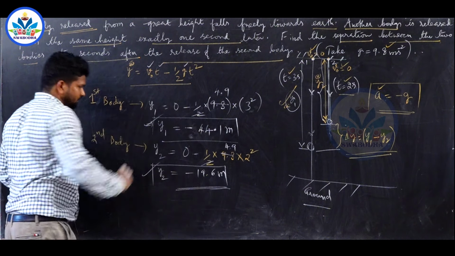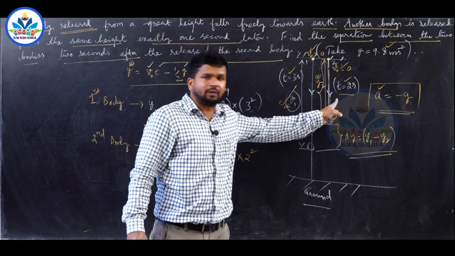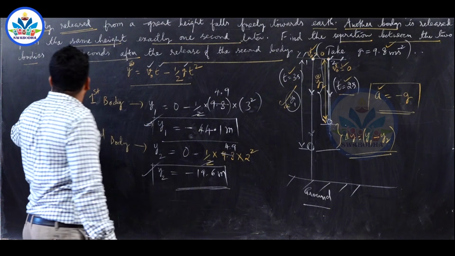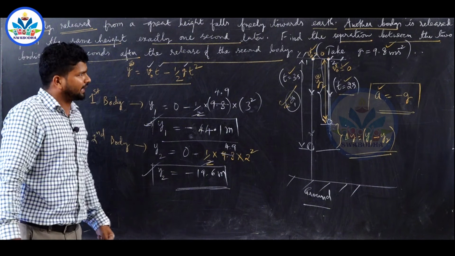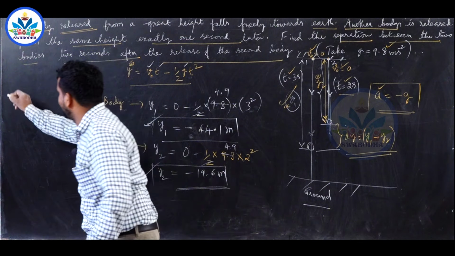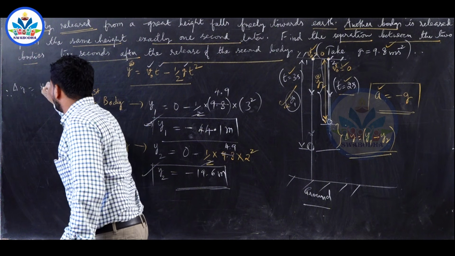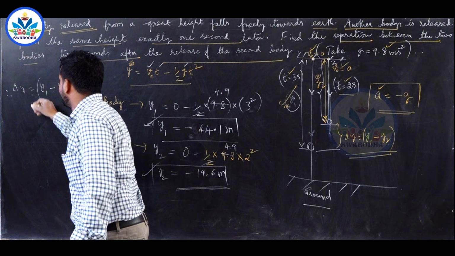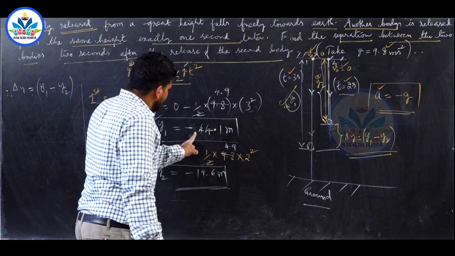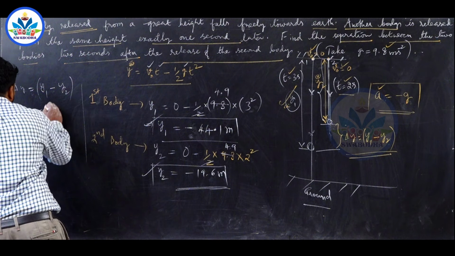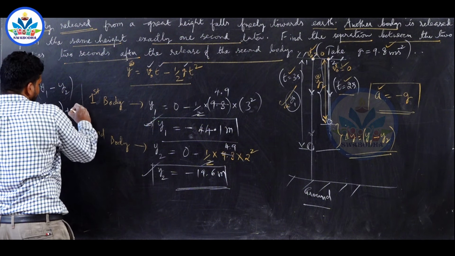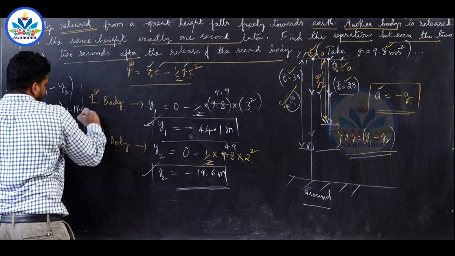This is y1. Now y1 is obtained, y2 is obtained. Now you are supposed to calculate the separation between the two bodies 2 seconds after the release of the second body. That is the separation between the two bodies. In my diagram it is clear. You are supposed to calculate delta y equals y1 minus y2, that is minus 44.1 minus of minus 19.6, that becomes plus 19.6 meter.